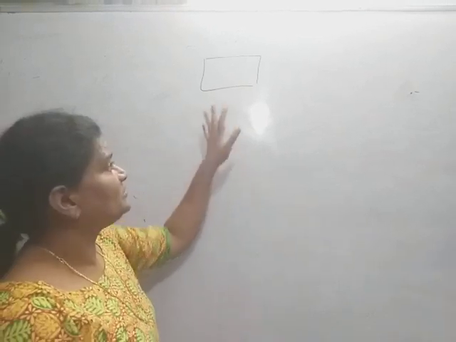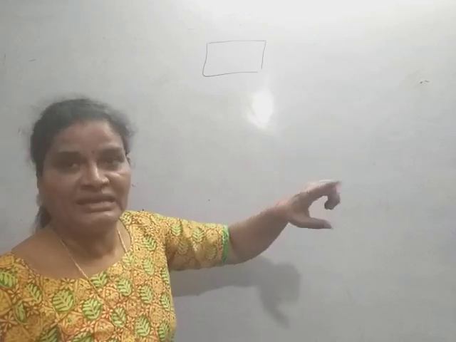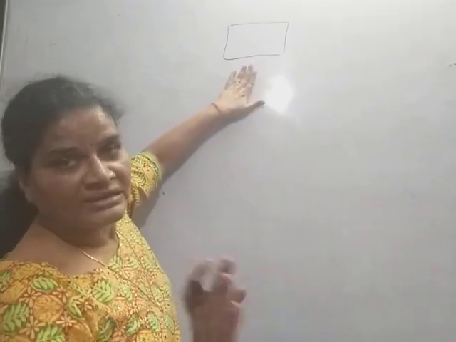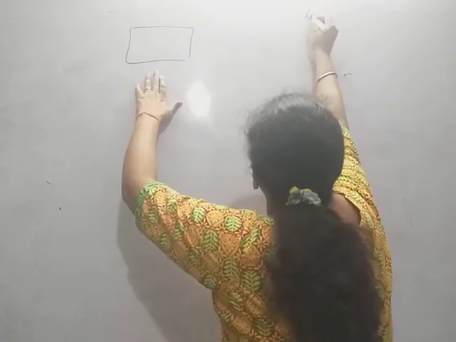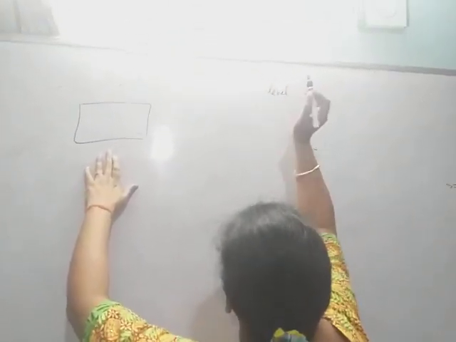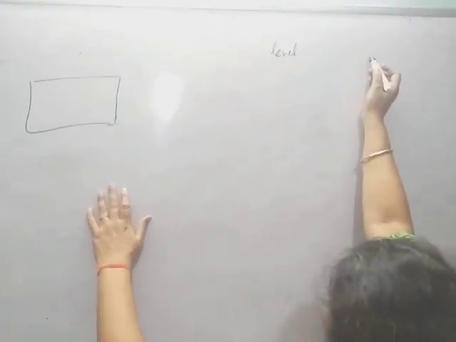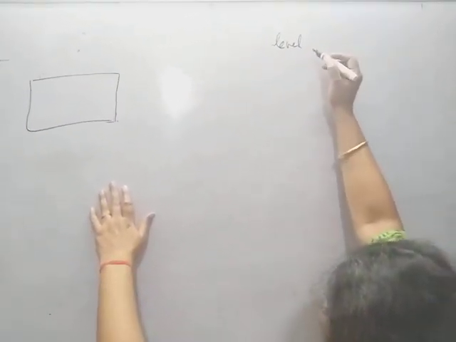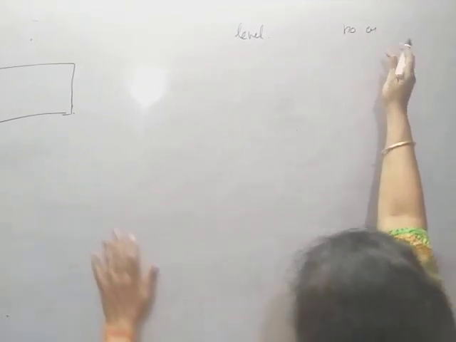Because we are considering the worst case height to store n keys, in the case of the root, the minimum number of keys. So here I am writing the level, or you can say the height, and the number of nodes.